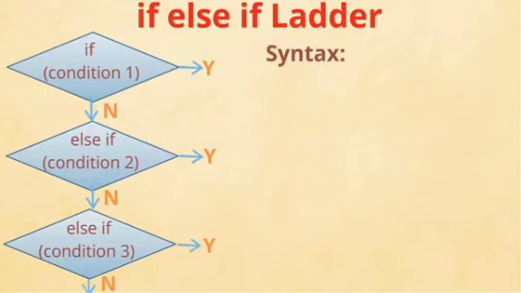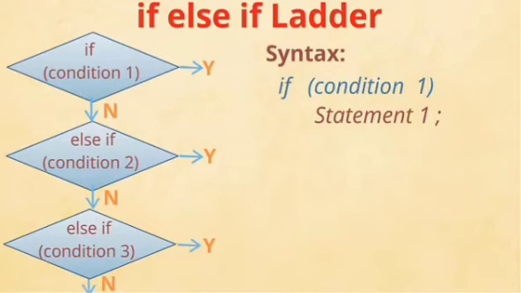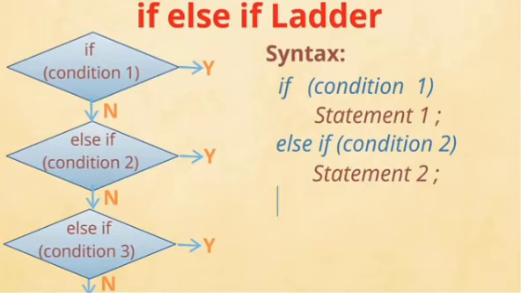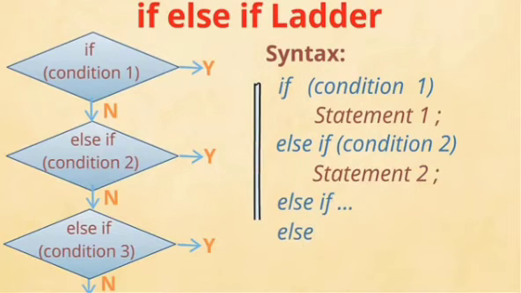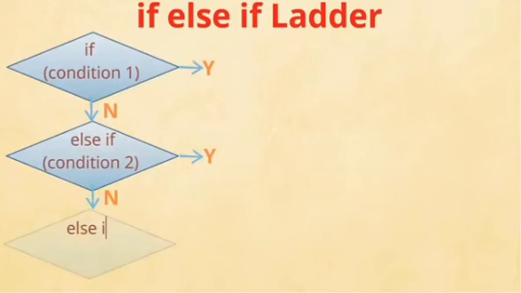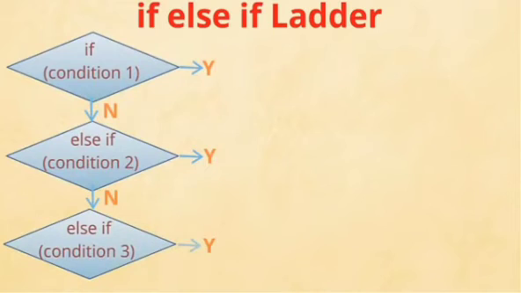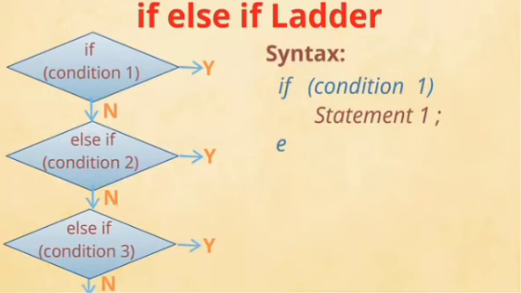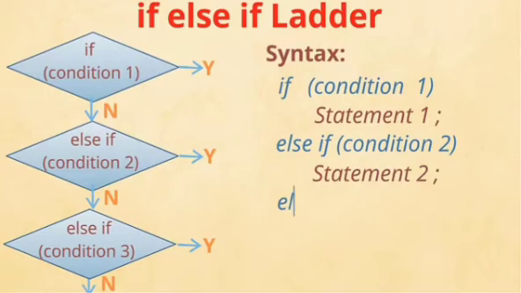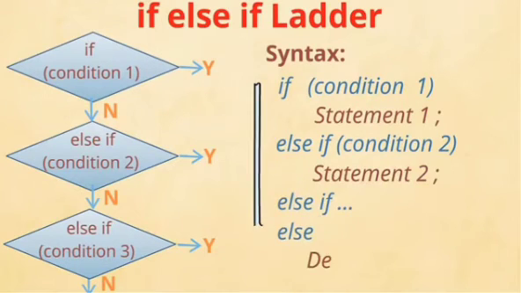When condition 1 is true, then it performs statement 1. In case condition 1 is false, the control enters the else if part and checks condition 2. If it is true, the control executes statement 2. Otherwise, it executes statement 3.